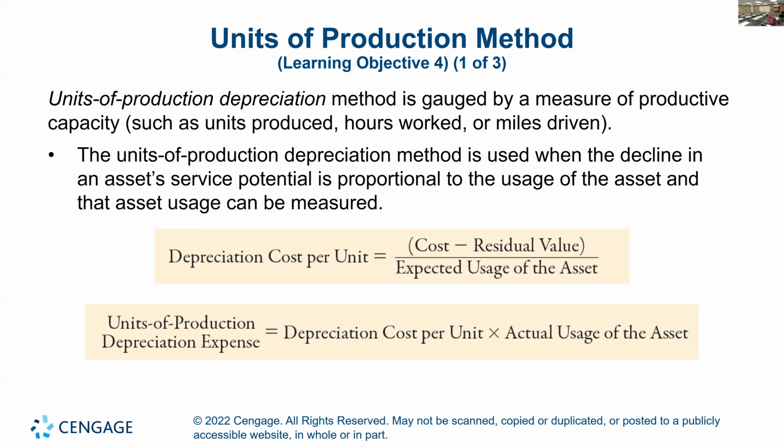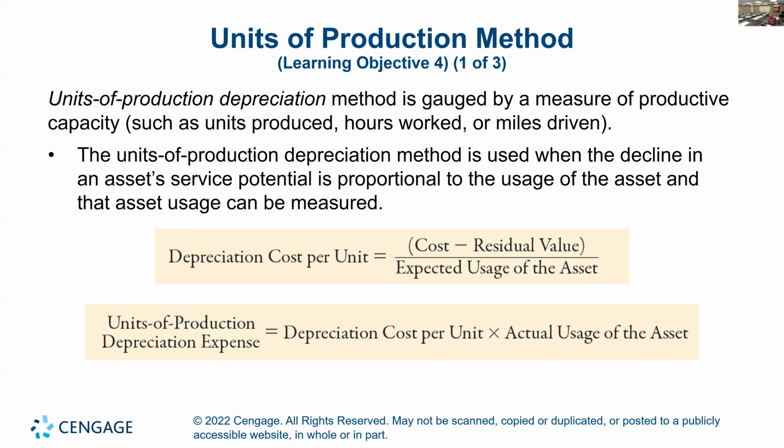So once we know that as a useful life, then we need to calculate what amount are we going to depreciate for each time a unit is used up. So if we expect it to use 5,000 miles, what is going to be our depreciation cost per mile? To get that, we take our cost minus the residual value, just like we did in the straight line.